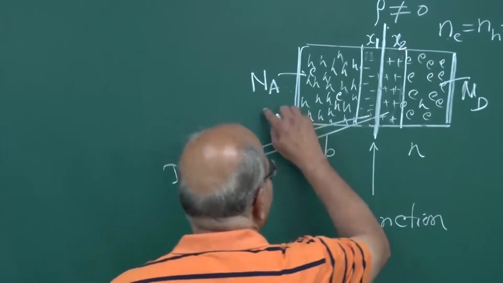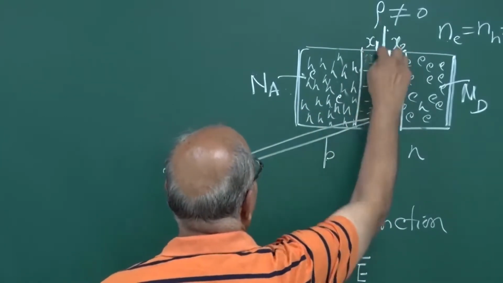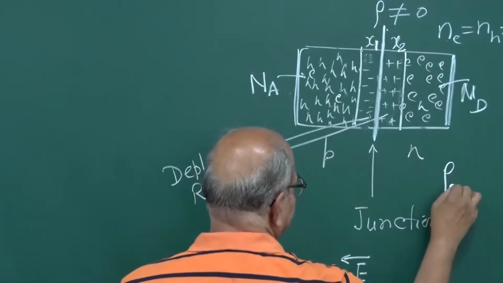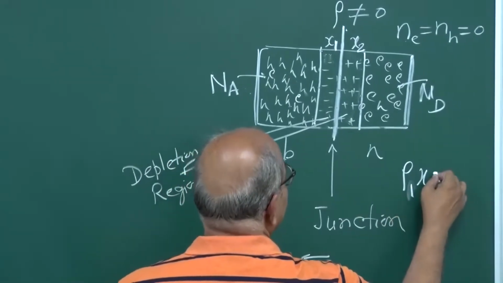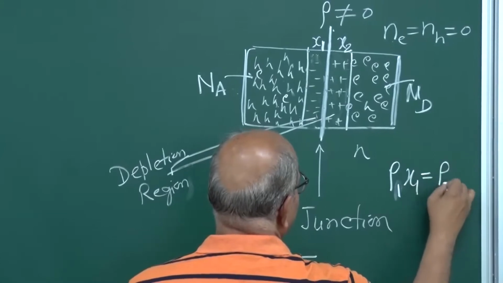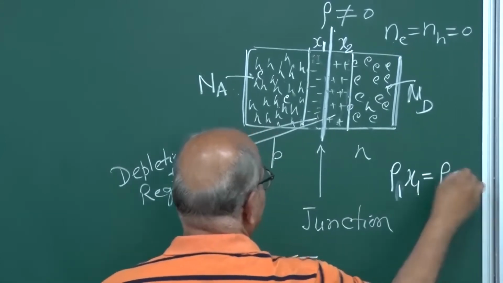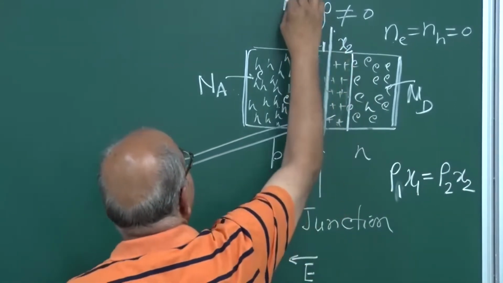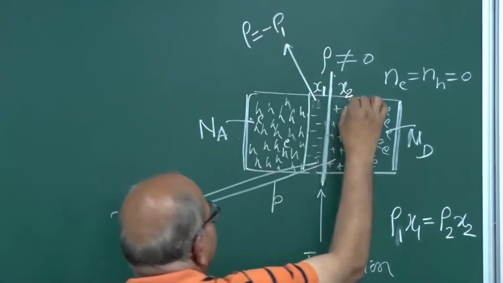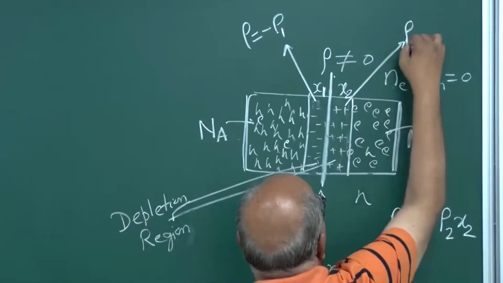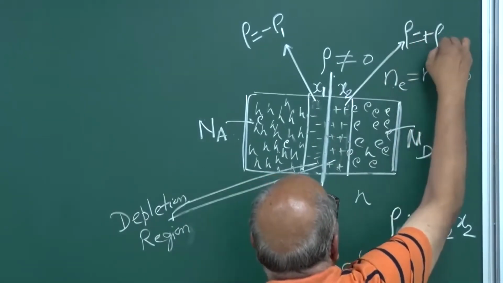And you can always have this relation: rho 1 times x1 is equal to rho 2 times x2. If this is here, rho is equal to say minus rho 1, and this charge density is rho equal to plus rho 2.